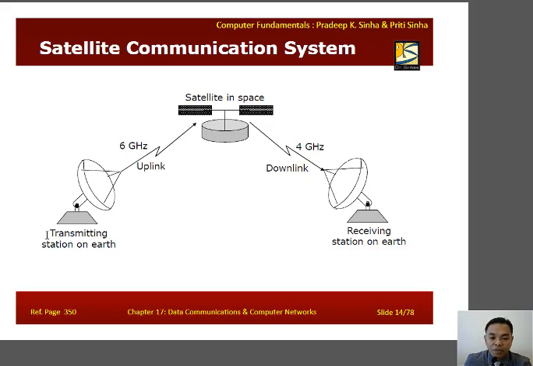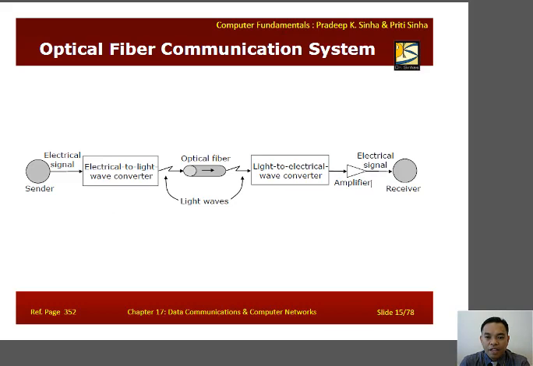On Earth, we have a transmitting station and also a receiving station on the other side. The data sent to the satellite in space, going up, is what we call uplink, and from the satellite to the receiving station, the data transmitted is known as downlink.